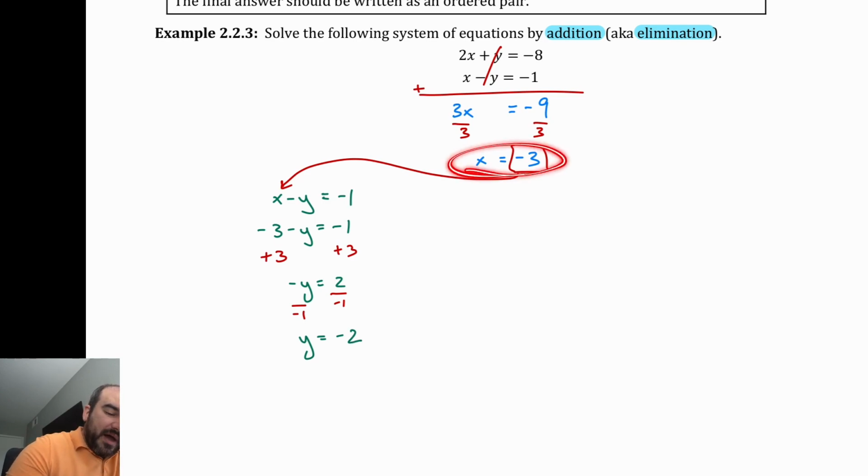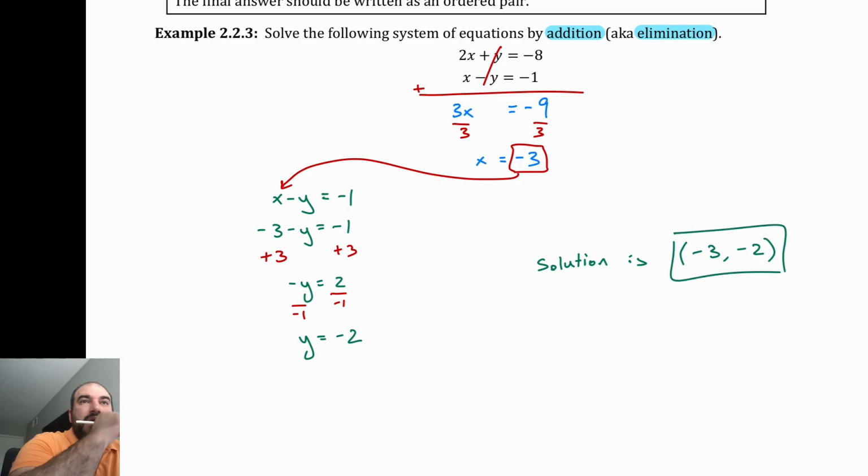And now that we have our x value and y value, we'll write the answer and say the solution is -3, -2. This was the same system we solved by substitution a second ago, so it makes sense that we got the same answer.